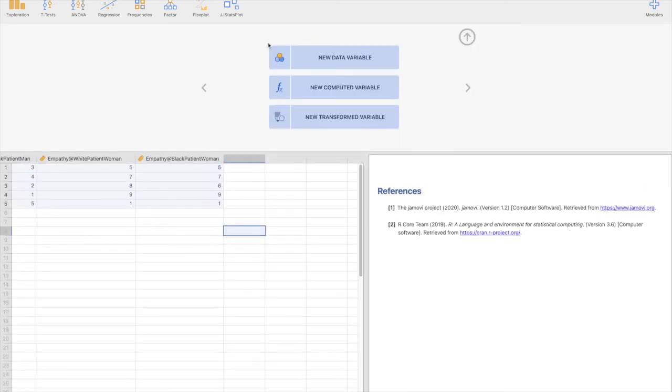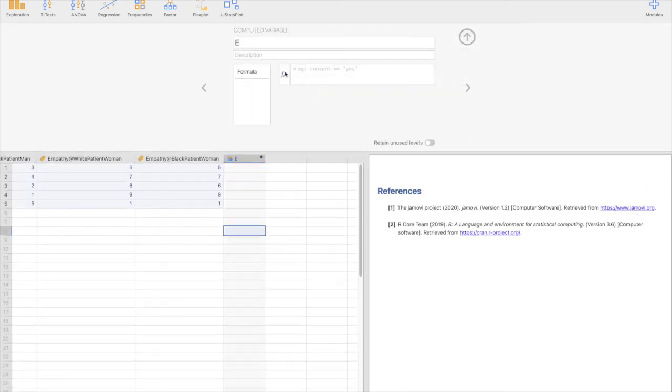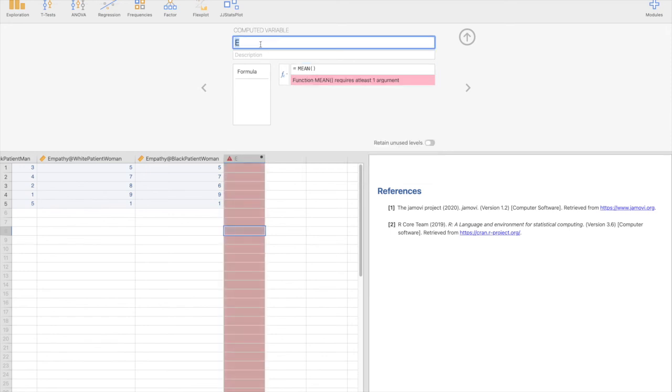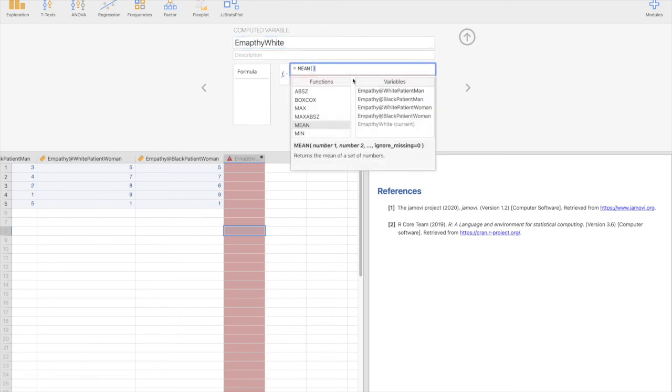I double click, new computed variable, click in my formula, find the mean because I want to average a few answers together. I'm going to say this one is empathy white. And what do I want that to represent?